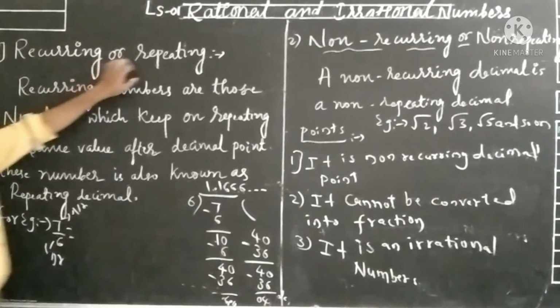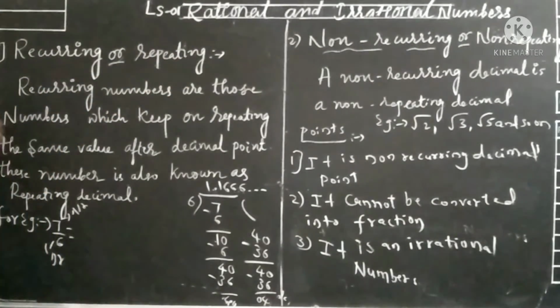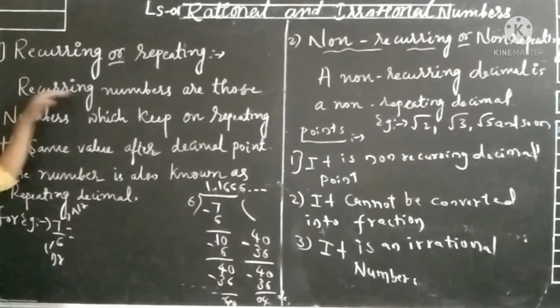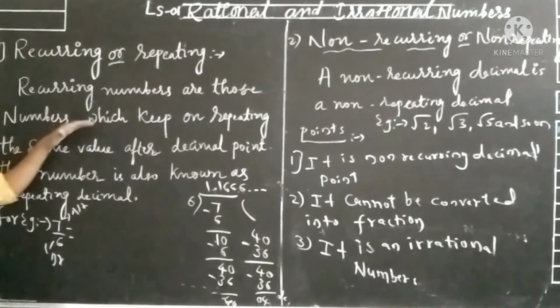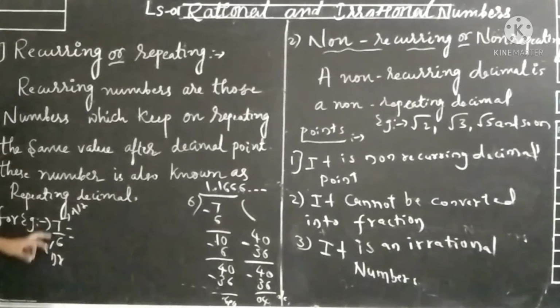First one, recurring or repeating. Recurring numbers are those numbers which keep on repeating the same value after the decimal point. Here the given rational number, this is the numerator and this is the denominator.